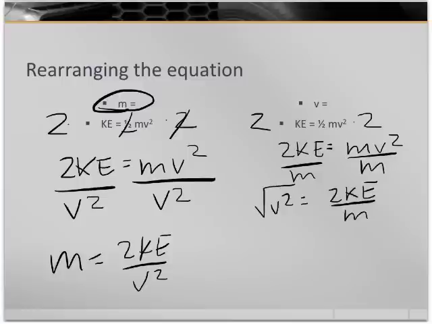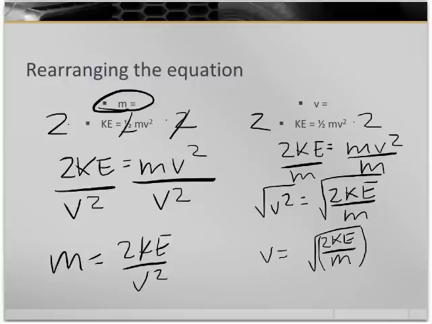Because the square root of something squared brings you back to just that number. So v by itself is the square root of 2KE over m. Now, the 2KE divided by m, all of that is underneath the square root. So you have to multiply KE by 2 and then divide by m before you take the square root.